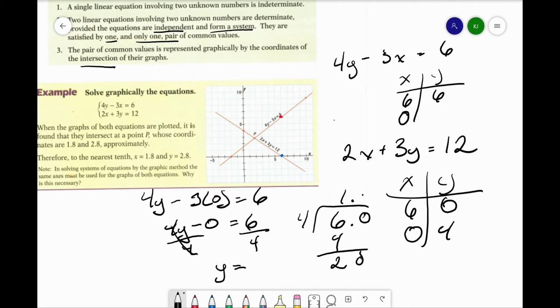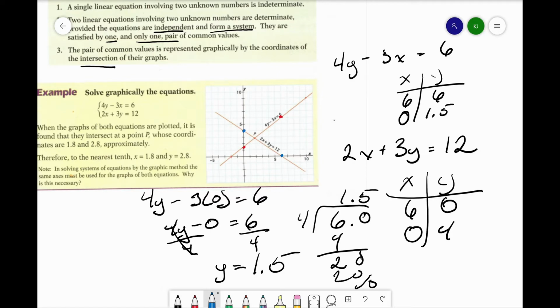And 4 goes into 20 5 times. So y is going to equal 1.5. So in this instance, if x equals 0, then y is going to equal 1.5. So we have 0, 1.5, and then 0, 4.